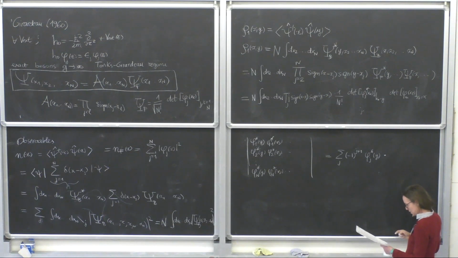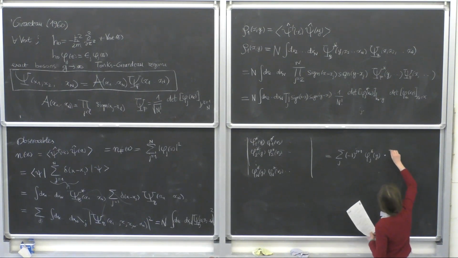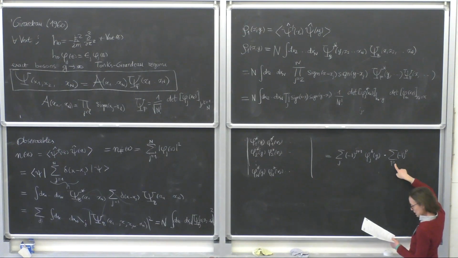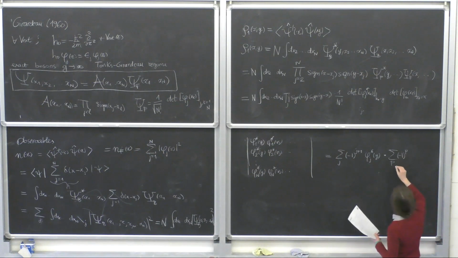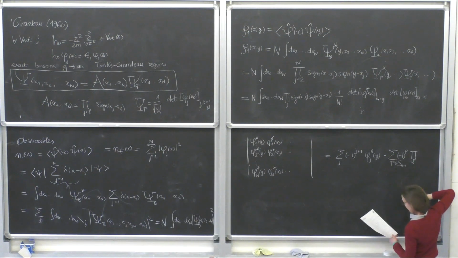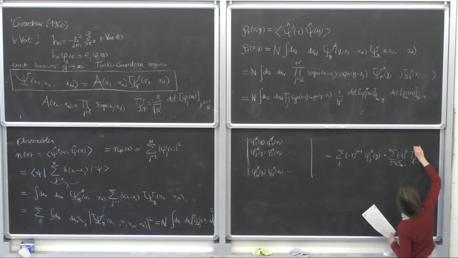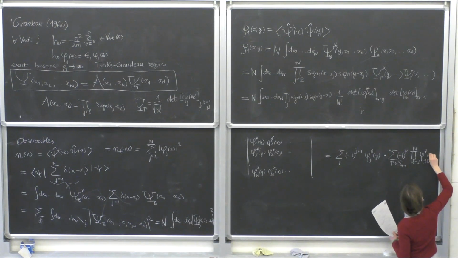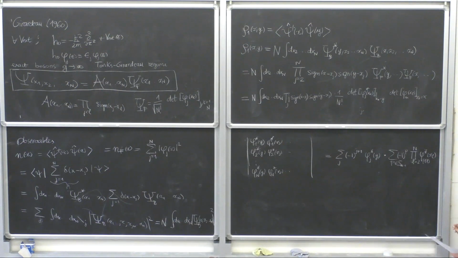So let me see how it's useful to write it. It is the sum over all the permutations P belonging to S n minus 1, the sign of the permutation, and then I have the product over all l from 2 to n of phi star of P of l of x l. Okay? So this is the typical expansion of a determinant along its column.